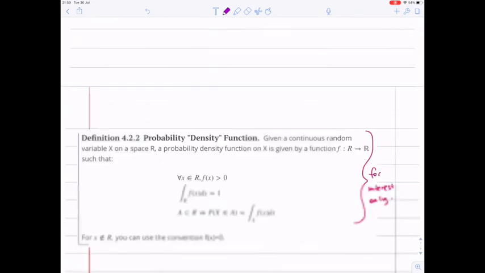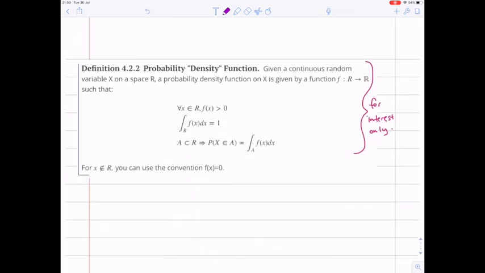Just for a little bit of interest, although we're not going to really focus on it in this course, if you have a continuous random variable, then you can describe what's called a probability density function, and it follows rules that are similar to the ones we've just seen, but in a continuous way of phrasing things rather than the discrete way.